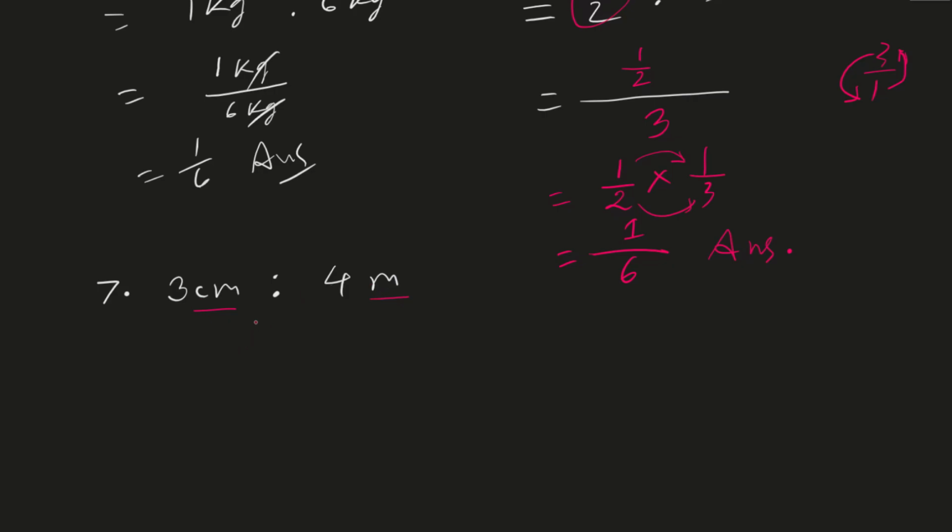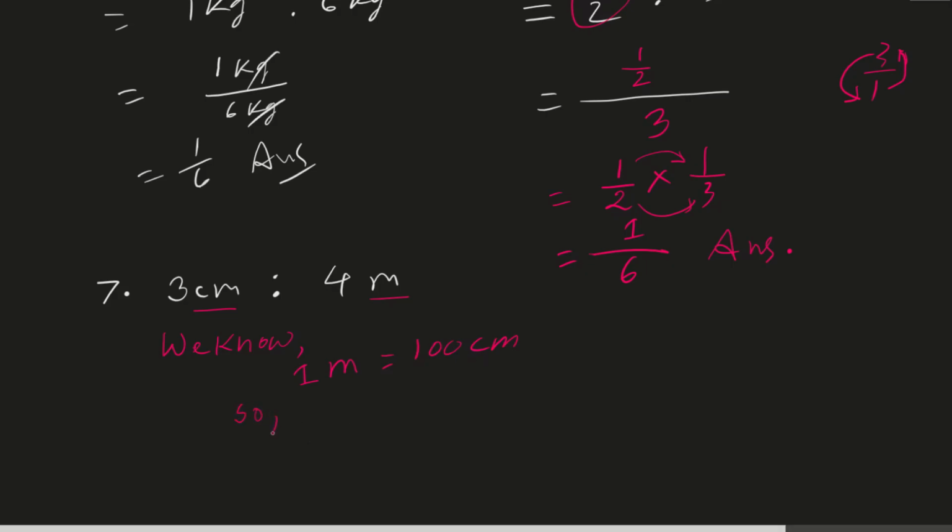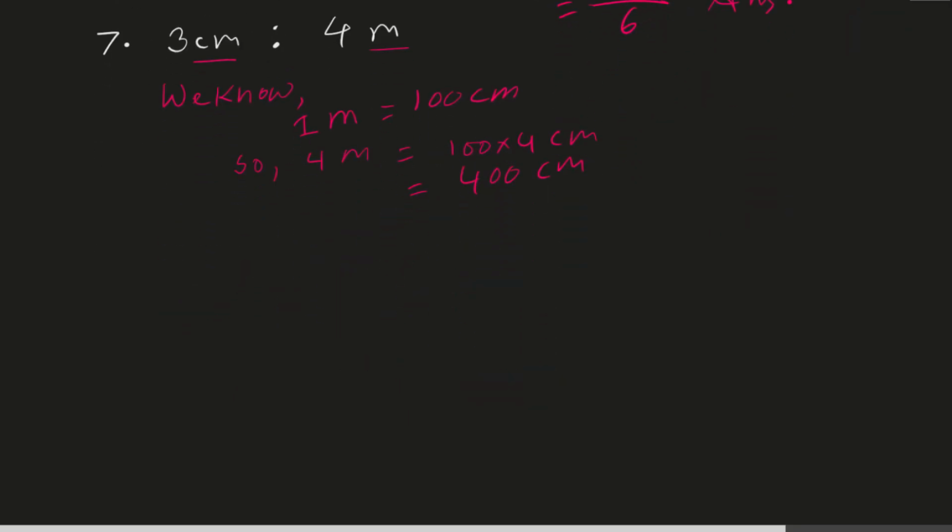So how can we do this? We know 1 meter equals 100 centimeter, right? So we have 4 meter, which equals 100 times 4 centimeter, which is 400 cm. Got it? Okay.